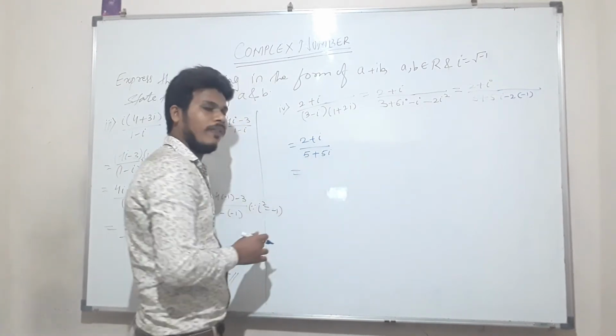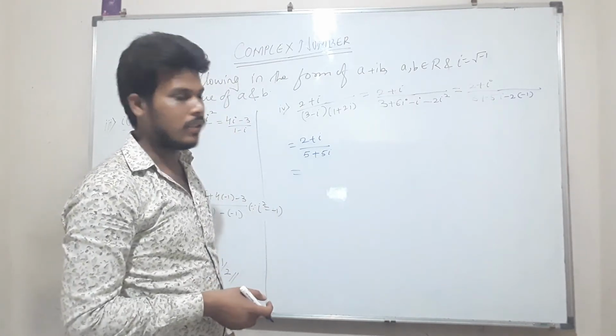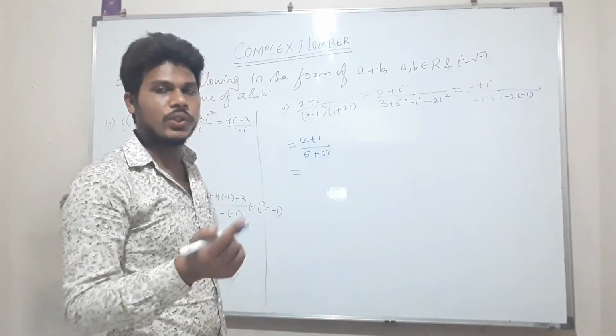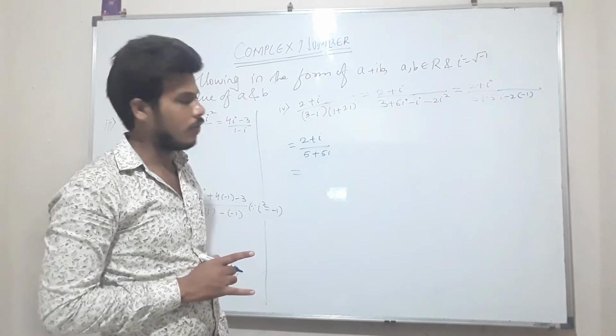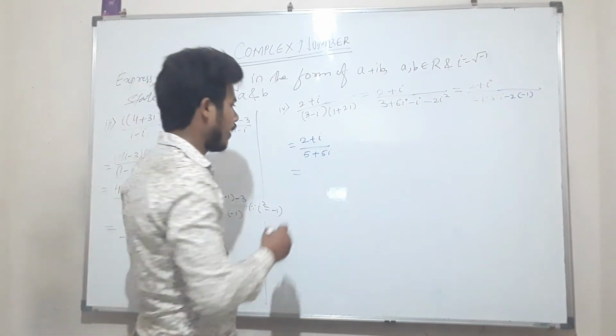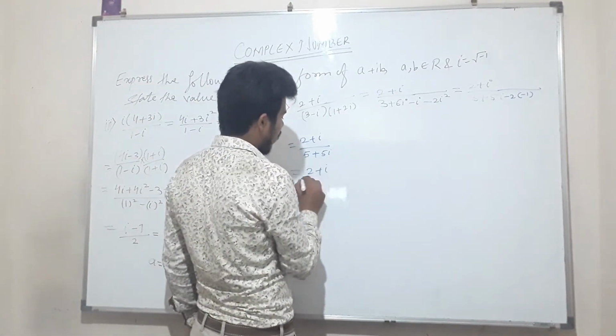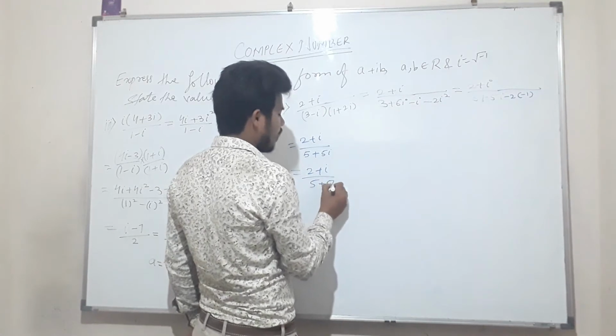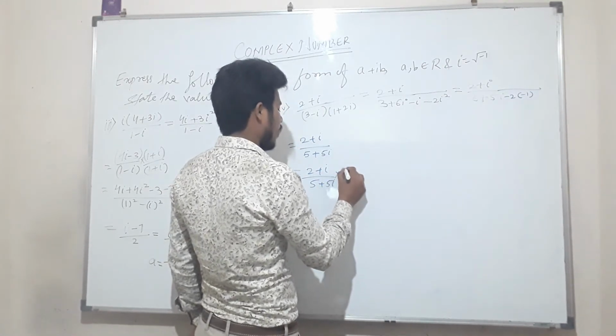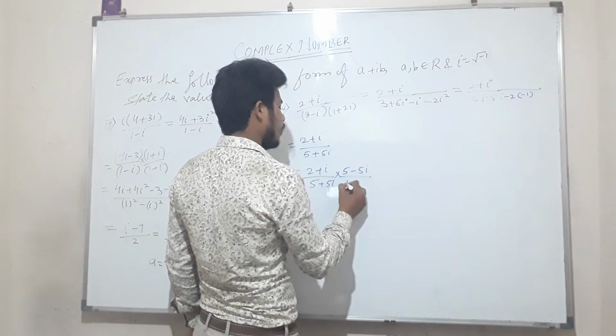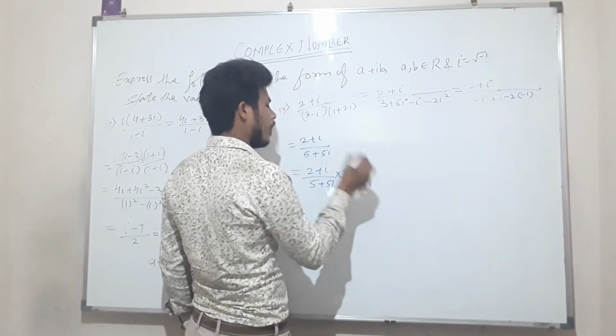So the conjugate of 5 plus 5i is nothing but 5 minus 5i. So we will multiply and divide by 5 minus 5i. So 2 plus i upon 5 plus 5i into 5 minus 5i upon 5 minus 5i.